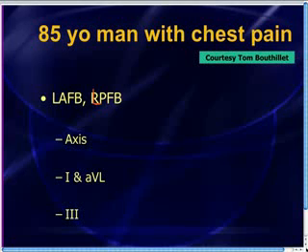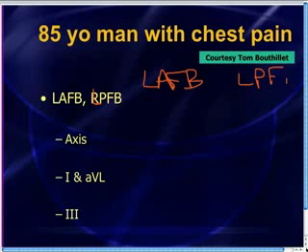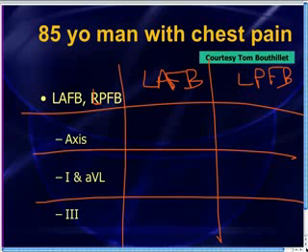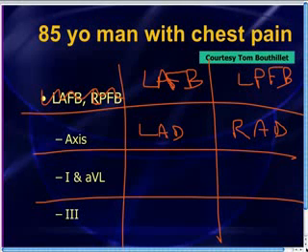Let's just make a little chart here and make it really easy. Left anterior fascicular block, left posterior fascicular block, right? We'll separate those out. And here's what you'll look for. Left anterior fascicular block, you get a left axis deviation. Left posterior fascicular block, you get a right axis deviation.